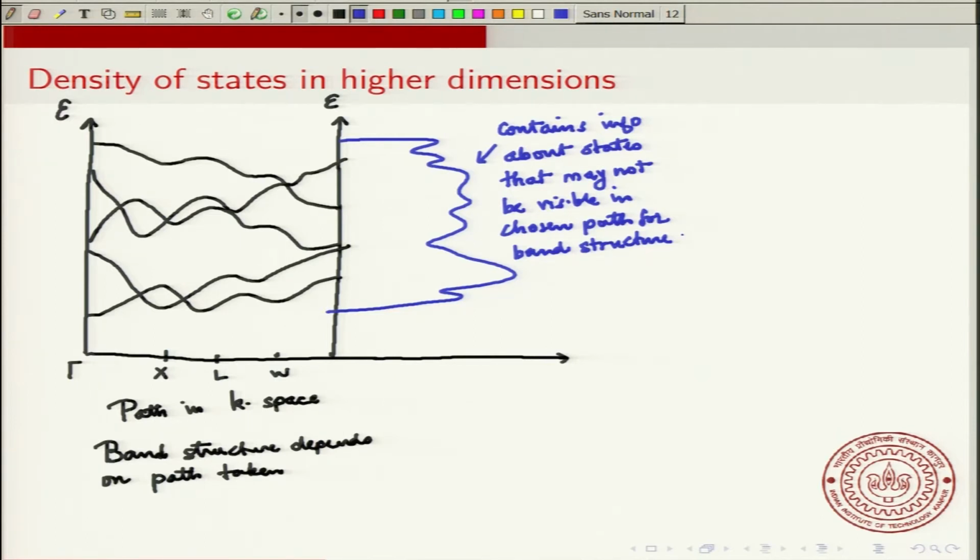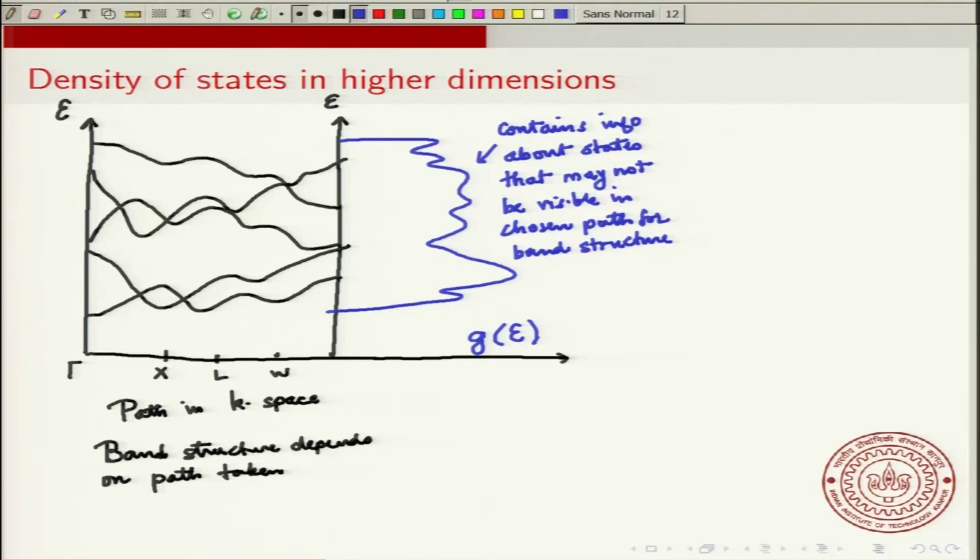But really, if you look at the Brillouin zone, there are a lot of allowed wave vectors, states which do not fall on the path in higher dimensions, and so those states will also contribute to the density of states. So the density of states contains a lot more information than the band structure along a chosen path.